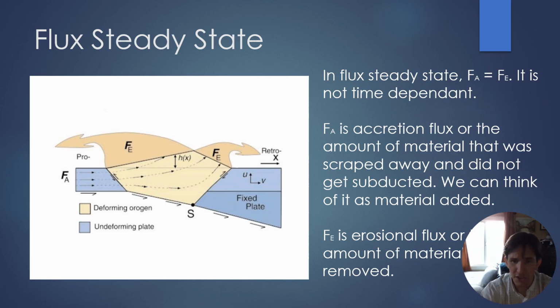Pretty much just a more visual explanation, a nice diagram and a pretty simple equation, if we can, of course, correctly identify what is FA and FE. So that is our first part of a steady state, flux steady state. Now let's move on to the next one.